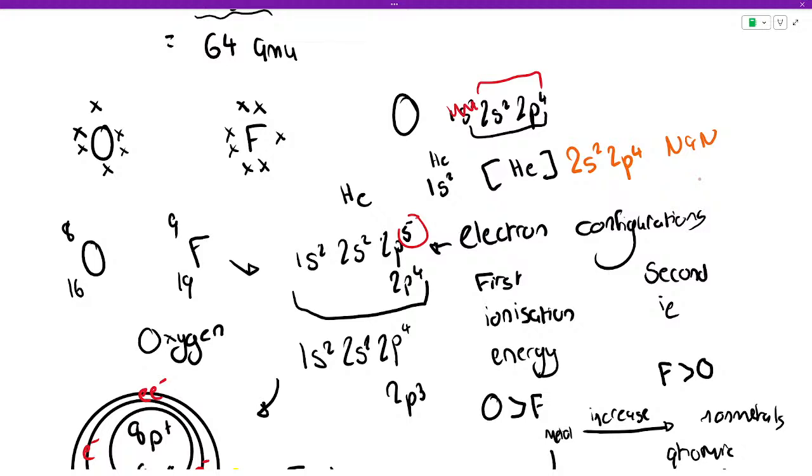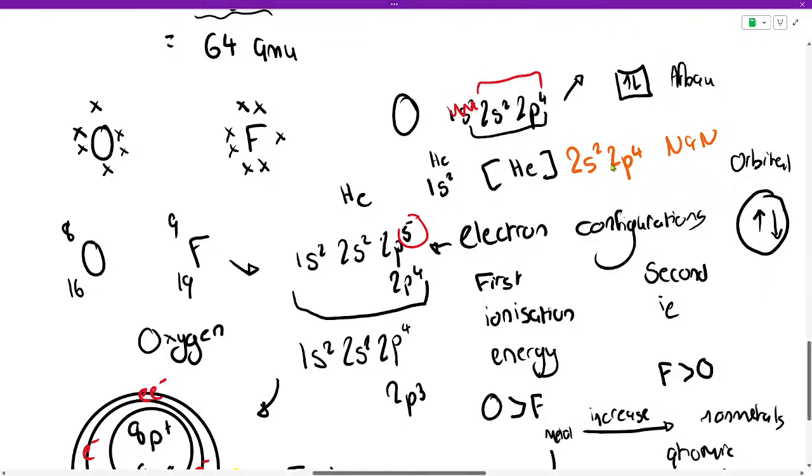Then orbital diagrams are simple. It's just this here, but we represent it with a block and a half arrow. Then an orbital is a block with a full arrow. Now, you guys need to make sure you know your rules, like Pauli's exclusion principle and Hund's rule.